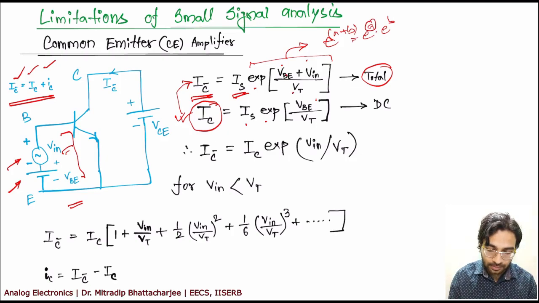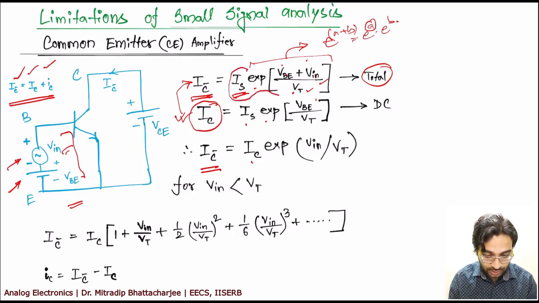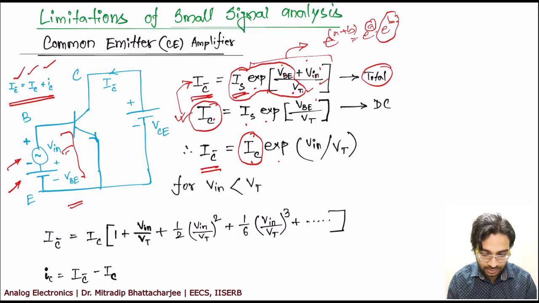VB by VT. What is the value of b? Vin by VT. Is it? So just replacing this term, IC dash will be IC. IC means Is exponential VB by VT. This term is IC. So you replace this value as IC, then the e to the power b term is Vin by VT. So this part is clear.